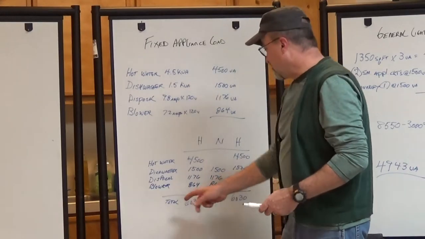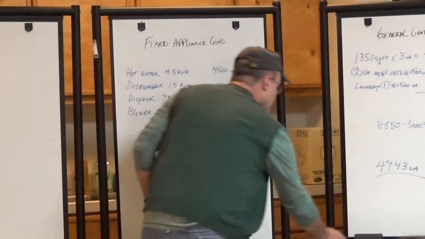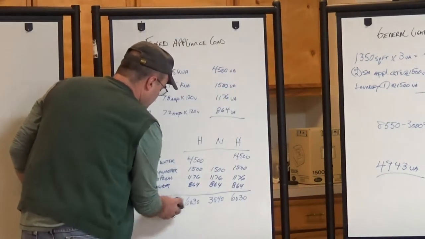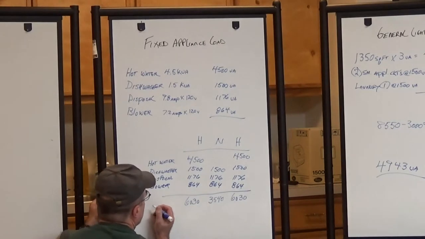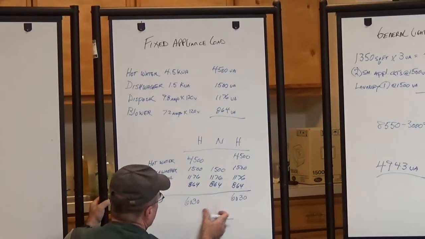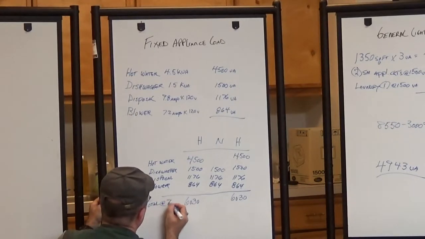All right. 80-40. So this is going to be with the 75% demand factor, okay? So I'm going to erase this. So, 60-30. Okay, total at 75%.